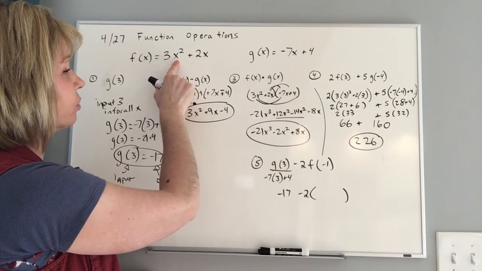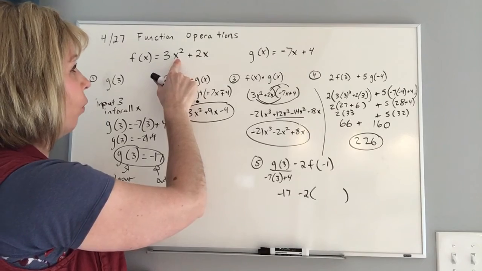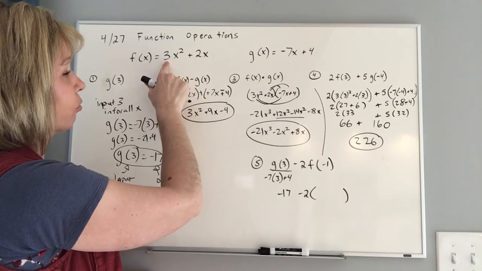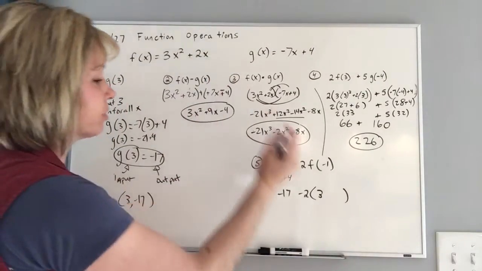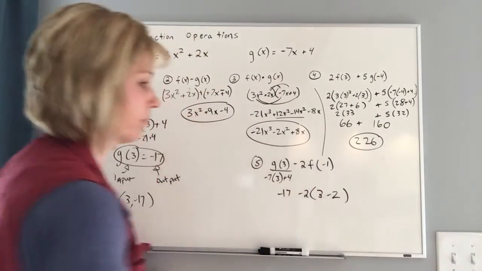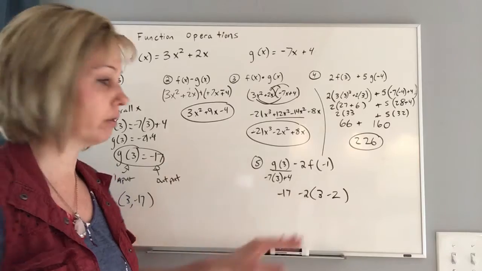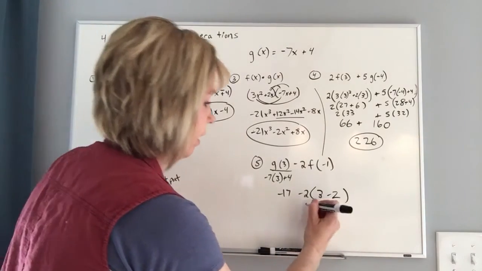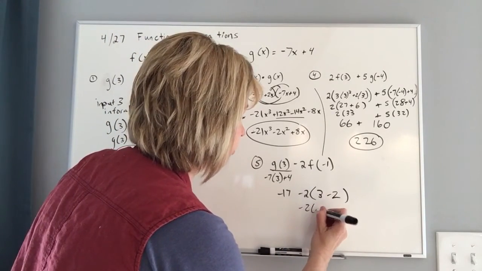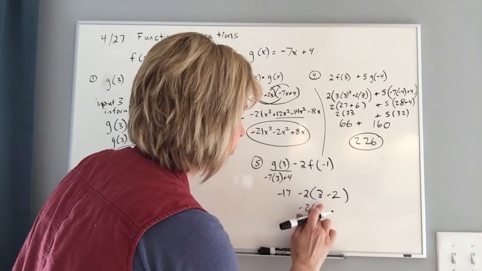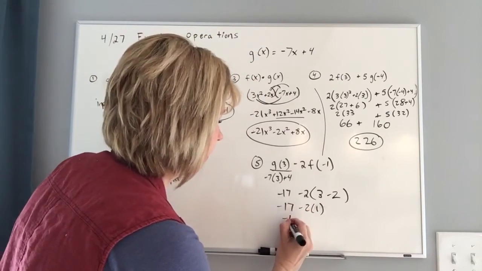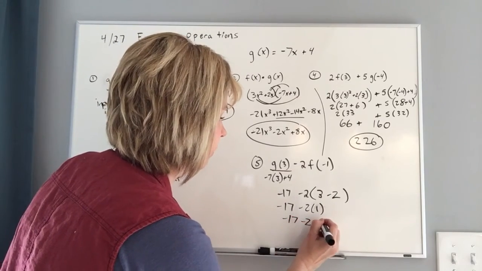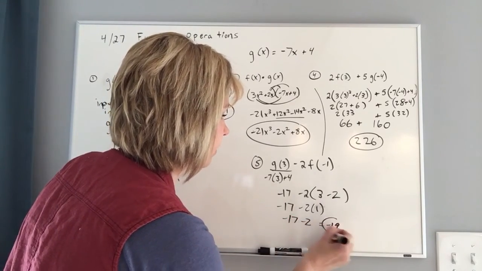Okay, negative 1 squared is 1. 1 times 3 is 3. And then negative 1 times 2 is negative 2. 3 minus 2 would be 1. We have negative 2 times a positive 1. So we have negative 17, really minus 2, should be negative 19.